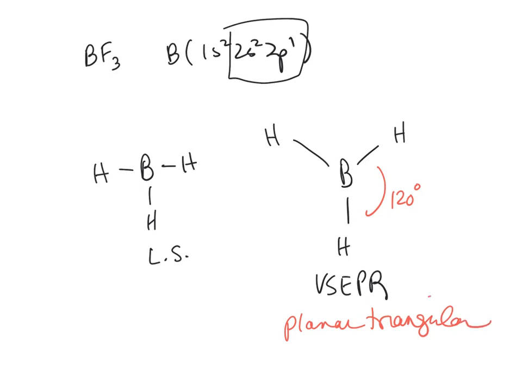All right, the next one is NO2 minus. And this is a good example for a lot of reasons here. Count the electrons first. You get 5 plus 2 times 6, plus you want to add 1 for the additional electron. So that is going to be 12 plus 6.